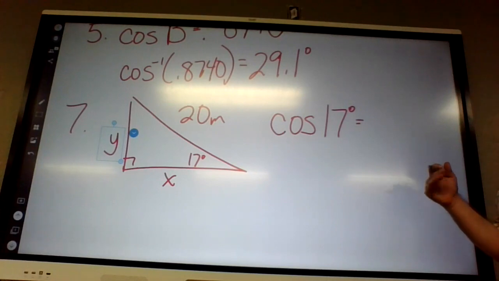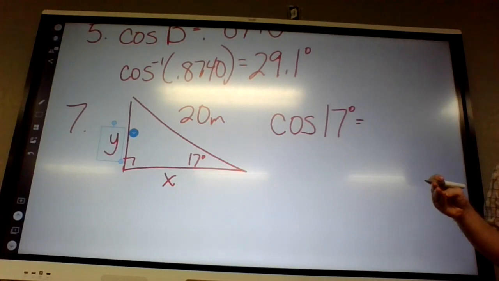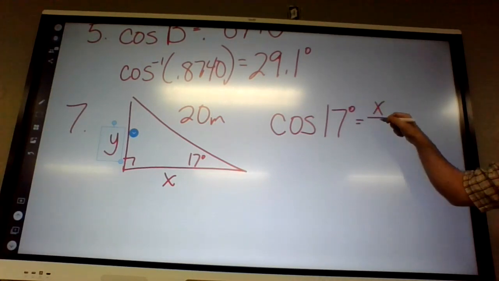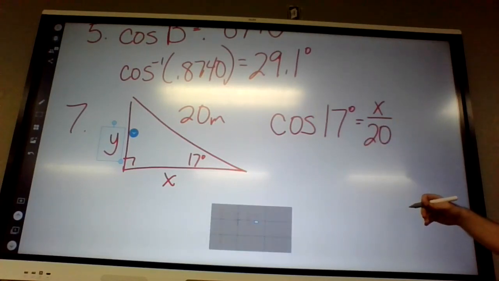Cosine of 17 degrees should equal what? Now, what's the ratio that it should equal? What's the fraction it should equal? Cosine should tell us what? Right, so what should go on top? X over 20. Okay, now if the x is on top, how do we solve this for x?